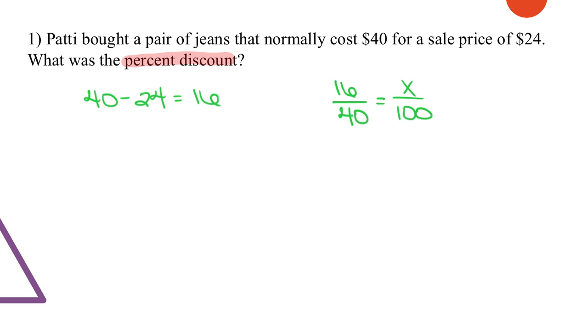However you choose to solve is your choice. Tristan, what'd you do? I just did 16 divided by 40, and I got 0.4, and that would equal 40%. Very good. So 40% is the correct answer.